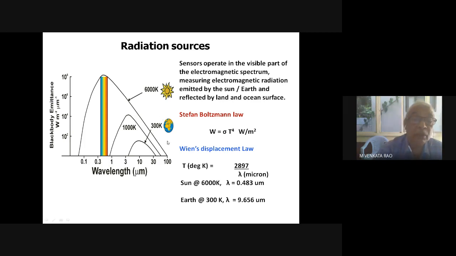Coming to passive remote sensing, as I said, the basic source is the sun. It can also be the Earth.